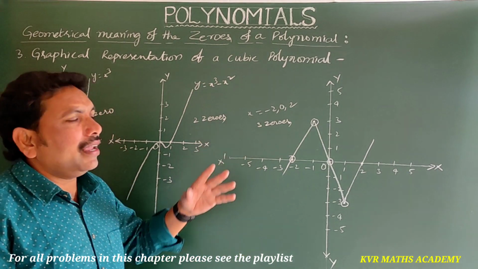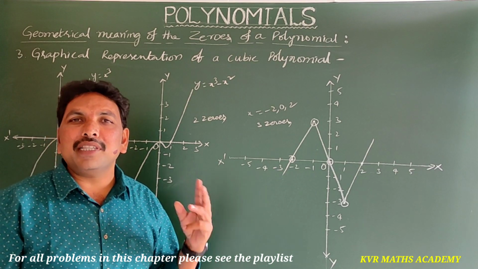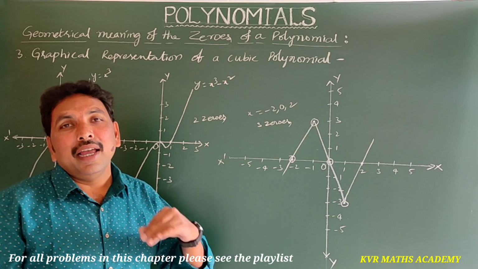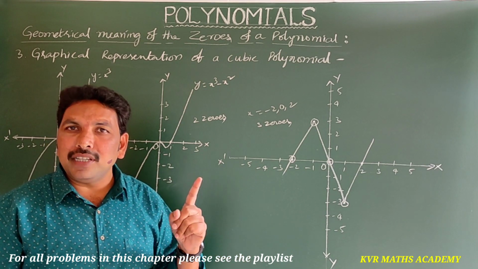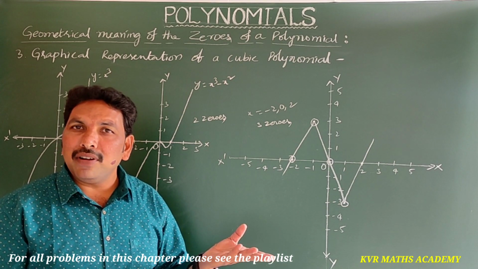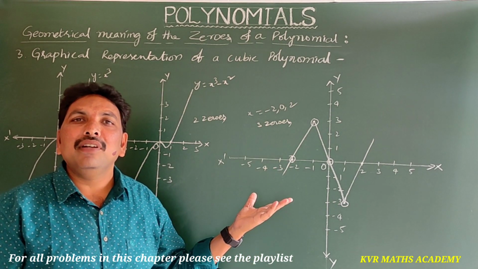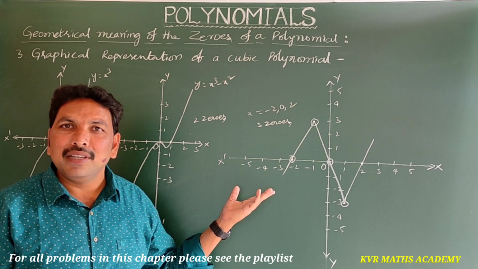Here it will be 1 zero or 2 zeros or 3 zeros. Understood? In a linear polynomial, only 1 zero. In a quadratic polynomial, maximum number of zeros is 2 only. Here, in a cubic polynomial, maximum number of zeros will be 3. Understood?